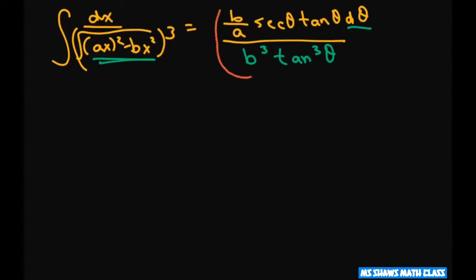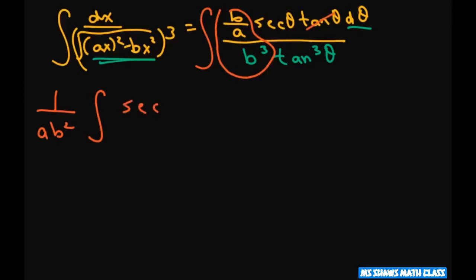This here simplifies as, let me put an integral here, 1 divided by ab squared. Okay, and then we can simplify these tans here, and you're going to get secant theta tan squared theta d theta.